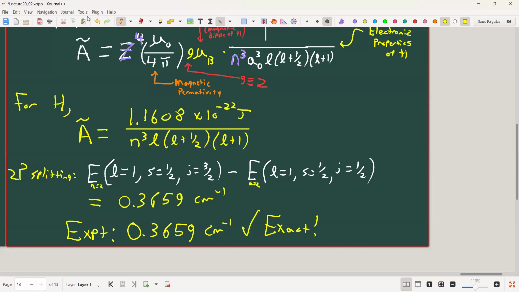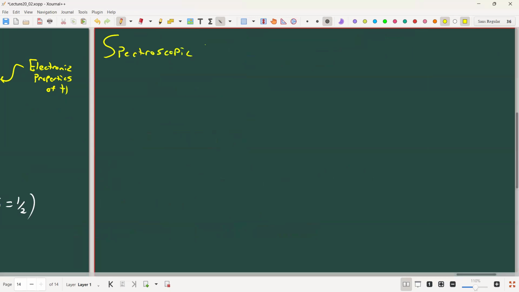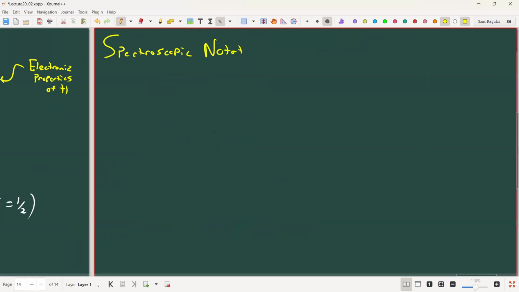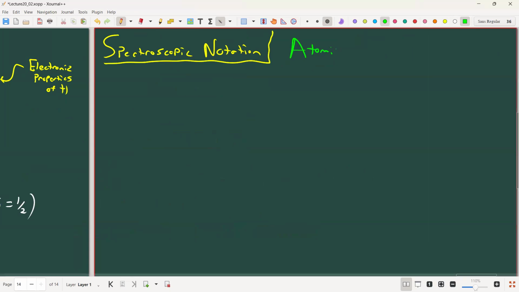All right. Before we do that, I want to have a short couple-minute digression with a little bit of notation for us, so we can talk about these things in a universal way. I'm going to give you just a small digression on some spectroscopic notation that we use in chemistry everywhere, including analytical chemistry, called atomic term symbols.